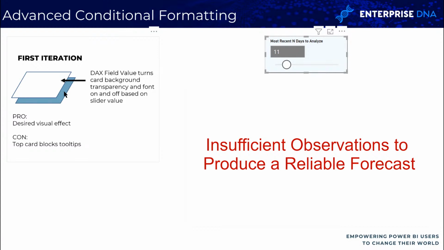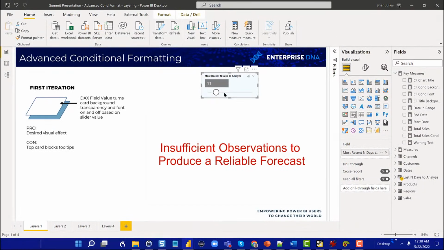And so what I did was the bottom layer was the chart itself. The blue-green was the chart. And then on top of that, I placed just a simple card that had this warning message in it. And then turned that card either transparent or not, and then also changed the font color to transparent or not, based on whether you were above or below that slider threshold.